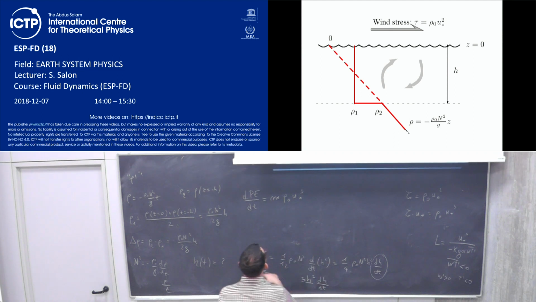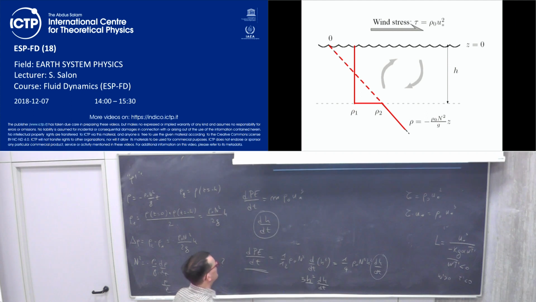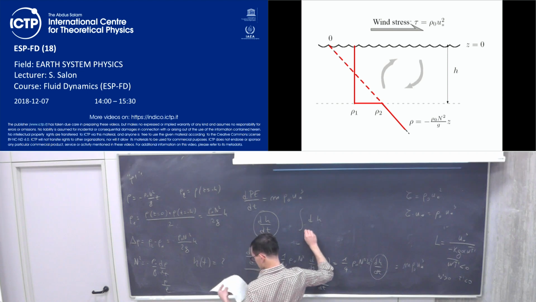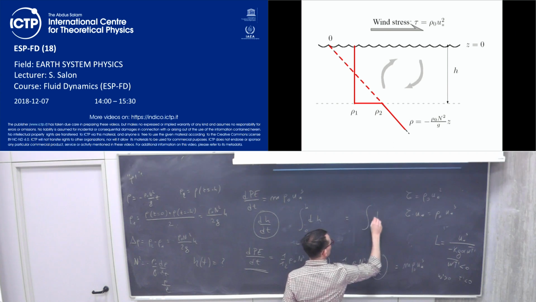So we can equate these two, and we have a way to solve dH over dt. So if this is equal to m rho 0 u star cube, and then we have delta h from 0 to h, which will be equal to dt from 0 to t.